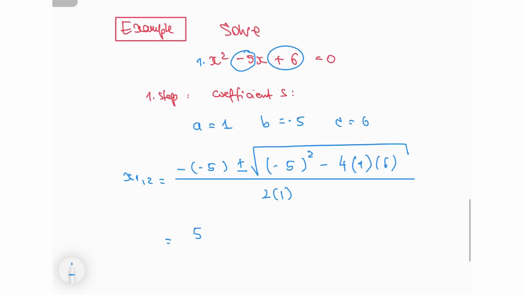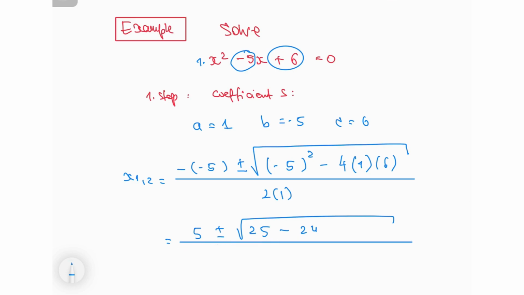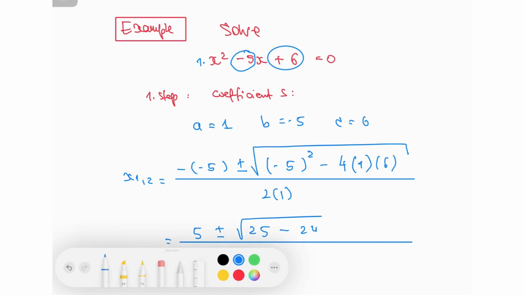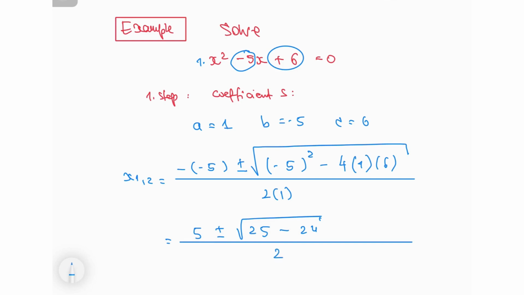That is 5 plus minus the square root of 25 minus 24, over 2.